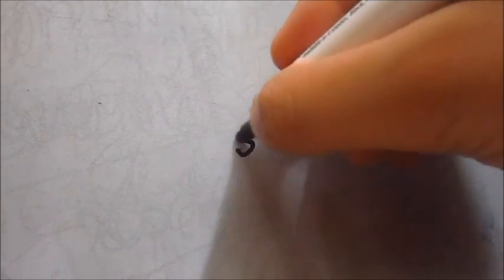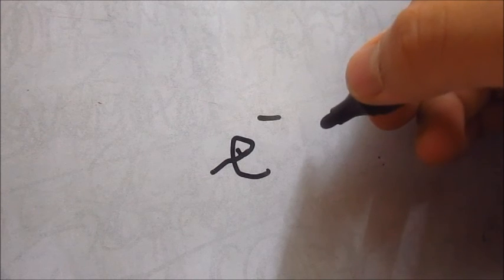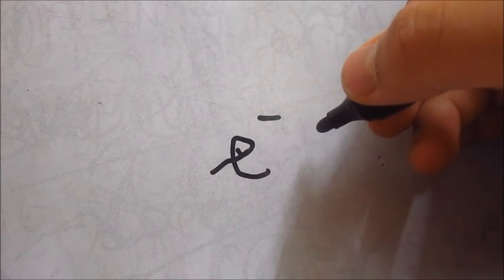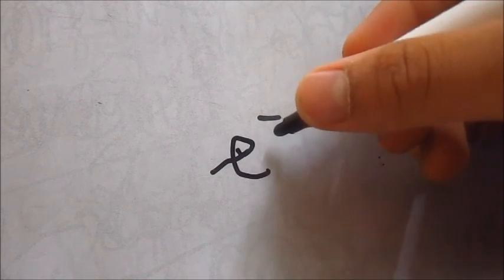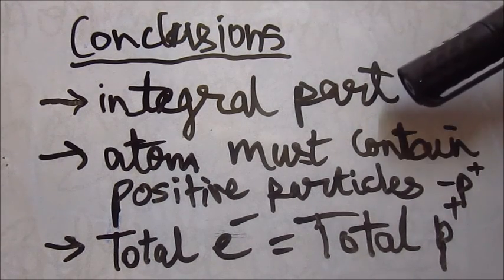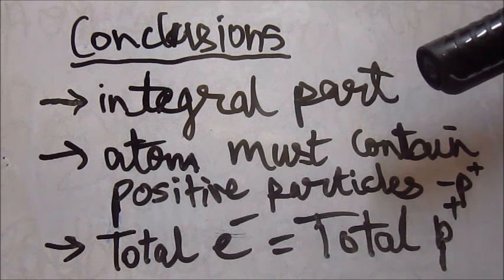Later, it was found that electrons had a definite mass and definite electrical charge, which is negative in nature. The mass and charge of electrons was the same, irrespective of the nature of gas within the discharge tube. The conclusions of this experiment were: the electrons are an integral part of all atoms which are negatively charged.